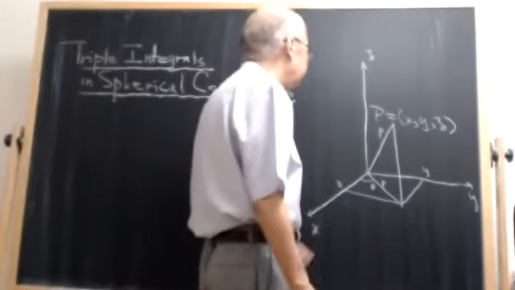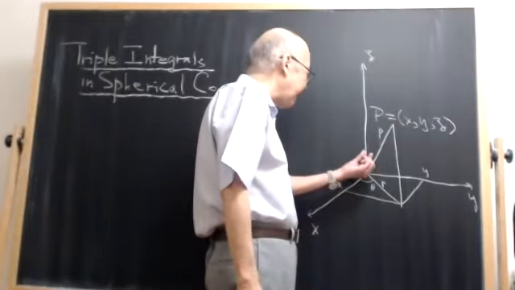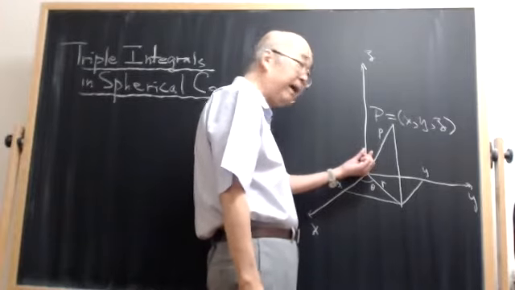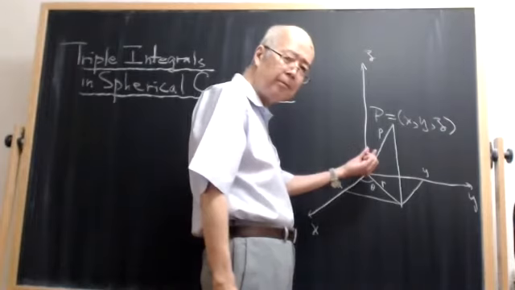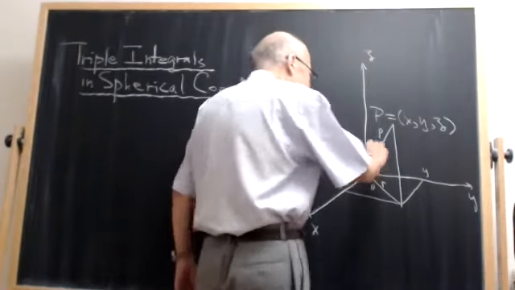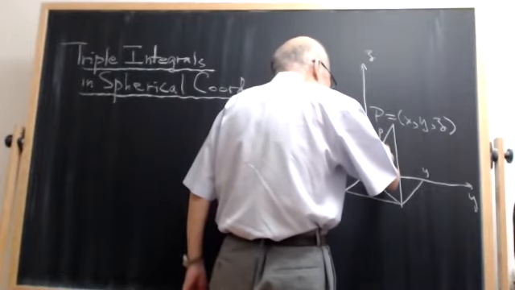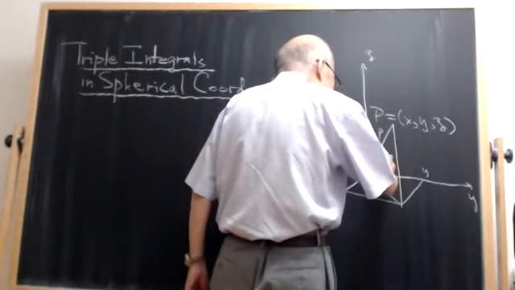Now, there is an angle called the azimuthal angle, which is this angle.